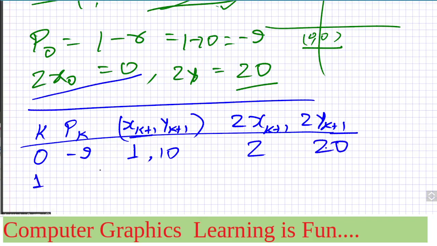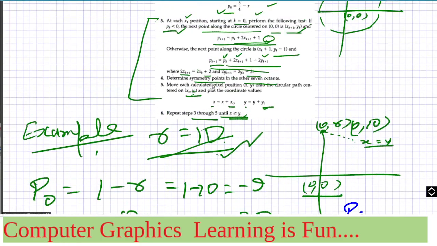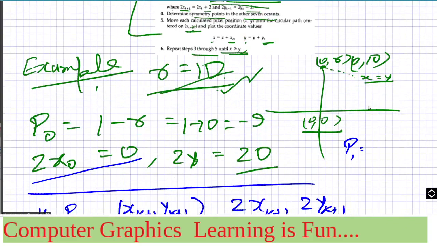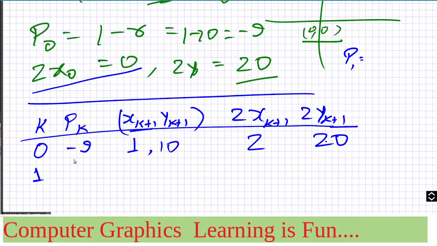Now it is 1. Can you calculate this P1? How will you calculate P1? We have the formula. P1 is pk plus 2xk plus 1 plus 1, right? So pk was minus 9, plus 2xk plus 1, so minus 9 plus 2, and then plus 1.